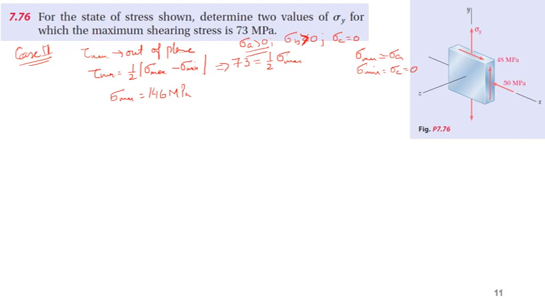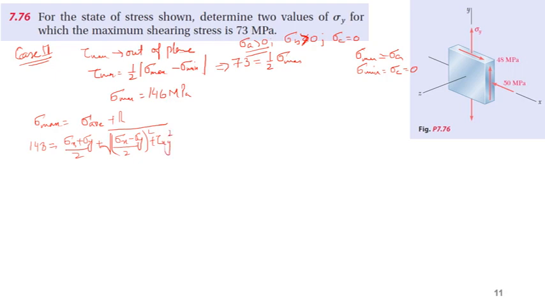Now, the maximum for the plane stress case, we know, is equal to sigma average plus radius. In this case, the radius cannot be 73 megapascal because we are talking about out of plane shear stress, where the maximum one is 73 megapascal. So we know that this is 146. Sigma average is sigma x plus sigma y divided by 2, plus under root sigma x minus sigma y divided by 2 square plus tau xy square.